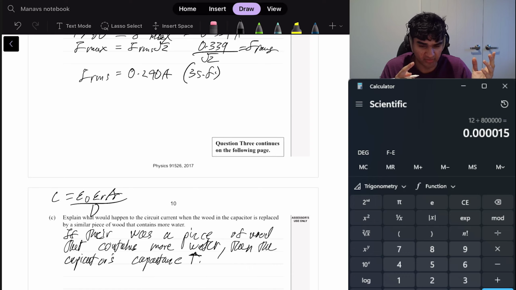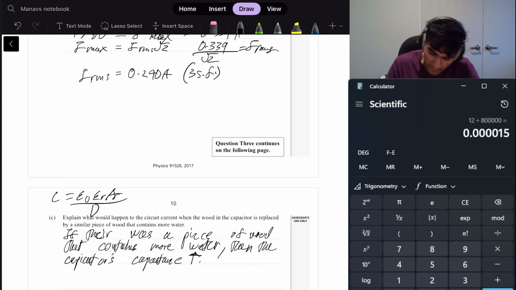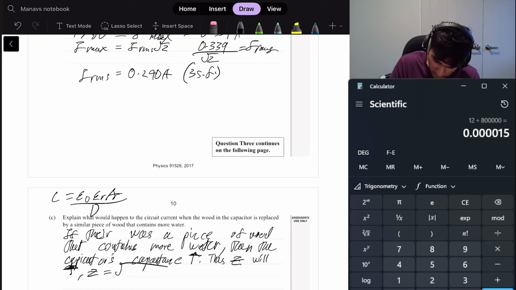By capacitance increasing, it will change the supply voltage. Oh, okay, it'll make the supply voltage less in phase with circuit current. So the capacitor's capacity will increase, thus Z will increase, as Z is equal to the square root of XC squared plus R squared.